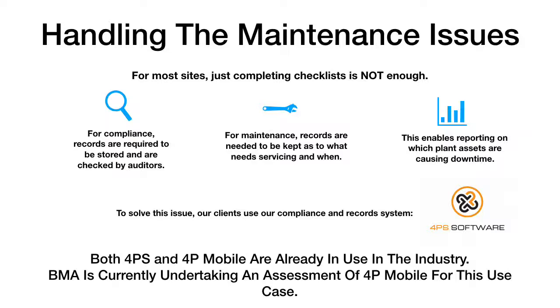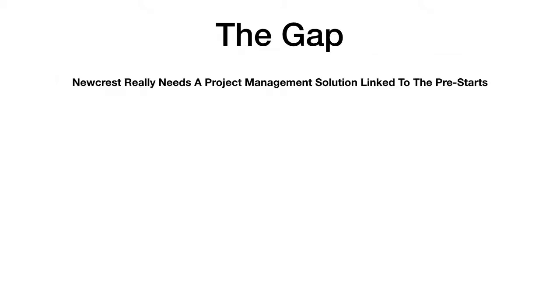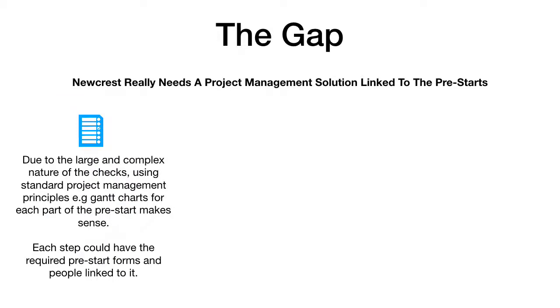So it's used extensively in industry to solve this problem. But in this case, Newcrest really has a little bit of a gap here, because those two solutions alone don't really do it. Newcrest really needs a project management solution to connect these two things together, because there is a large and complex nature to the checks that you're working on.